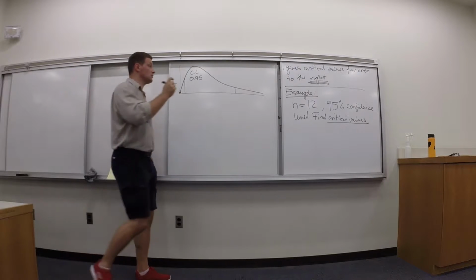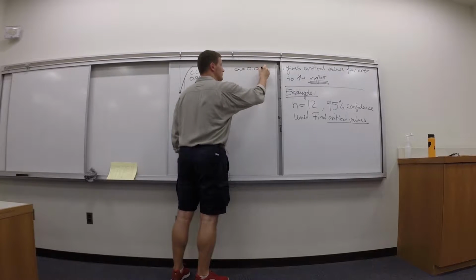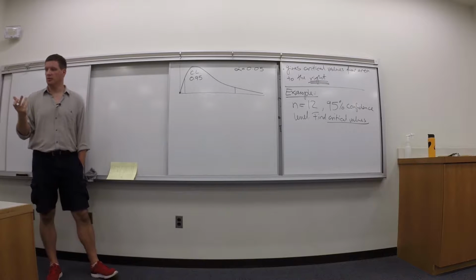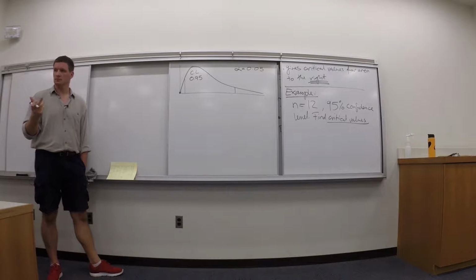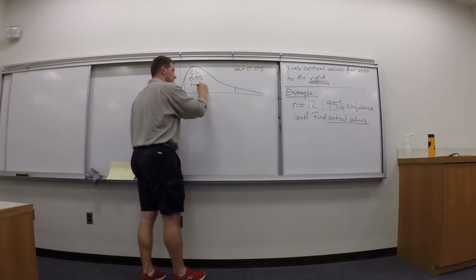Which means our alpha is what? Our alpha is 0.05, the complement of the confidence level. This is the confidence level, 1 minus alpha.